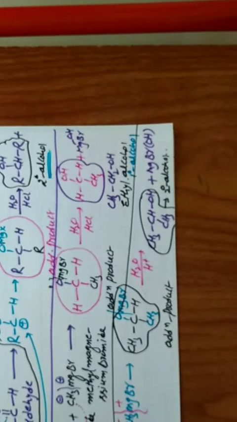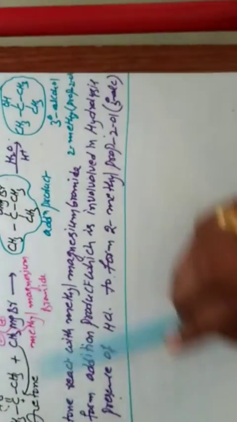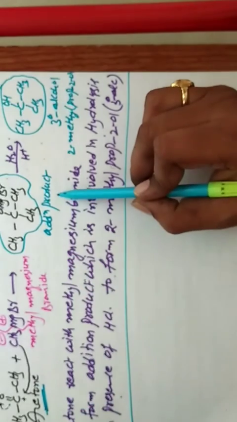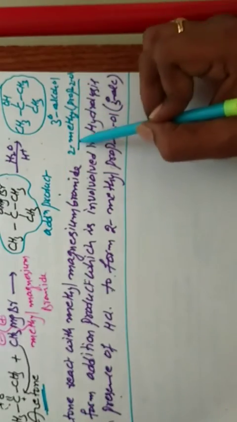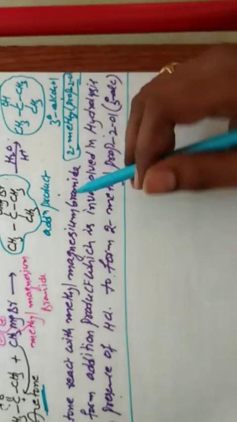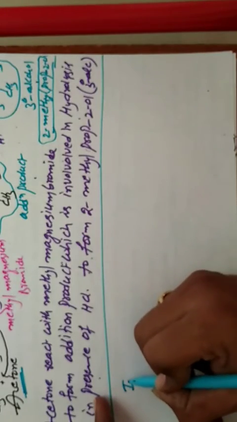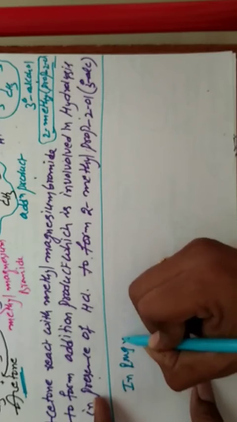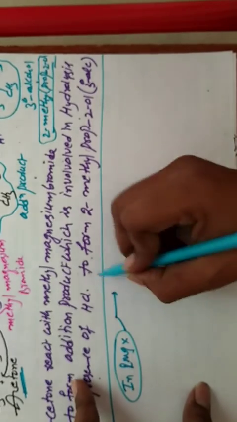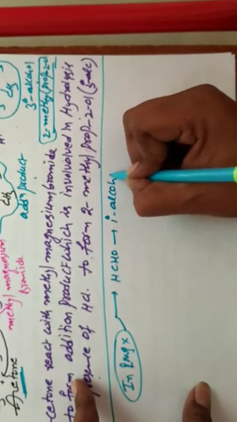So next, ketones also react with RMgX. This one, acetone, important. Methyl magnesium bromide, addition product. We can get 2-methylpropan-2-ol, tertiary alcohol. In the case of RMgX, simply: HCHO gives primary alcohol.